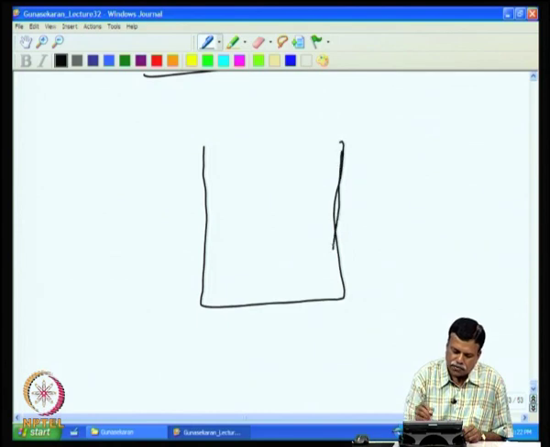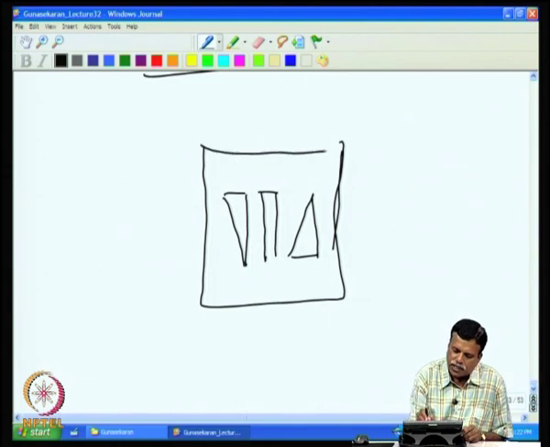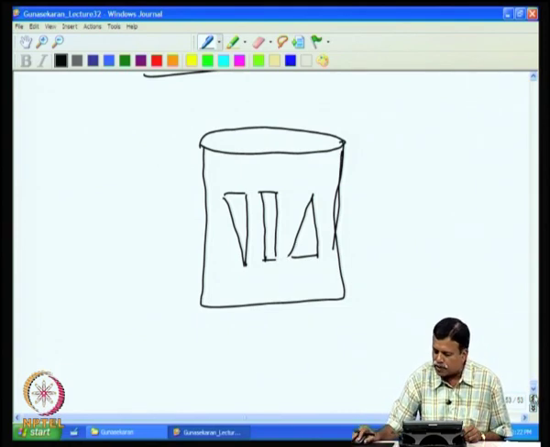What is done is you put two plates, one plate like this, another plate in an inverted manner, then another sense plate in between these two, which is pasted outside the tank, and this is connected directly to the amplifier.